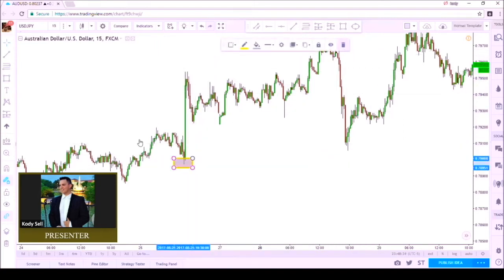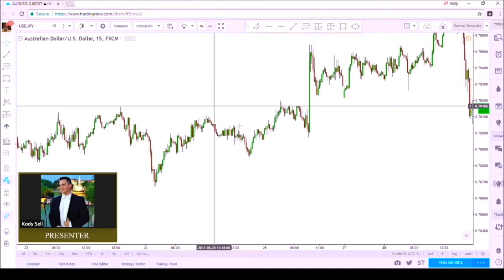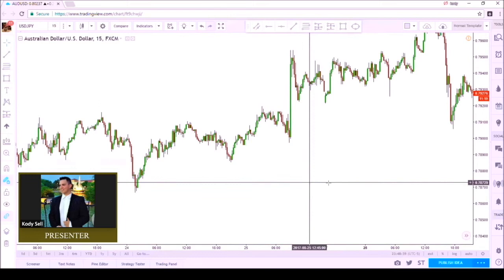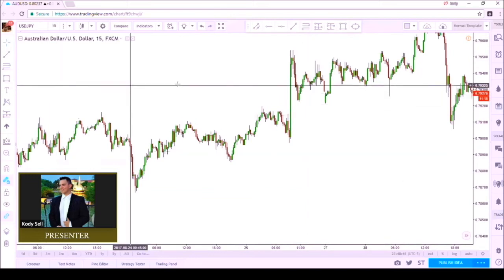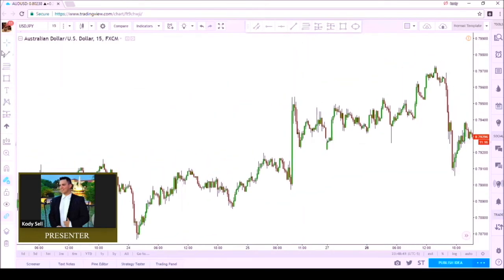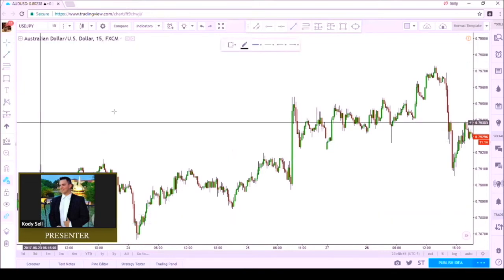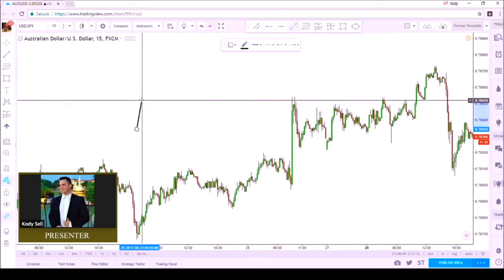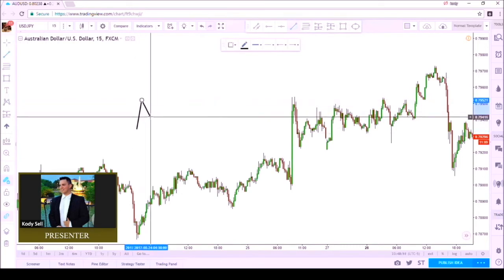Essentially, the way you're going to be using Fibonacci in your trading is you're going to be using it for swings. So you guys are going to need to think about structure here. Just a quick recap on structure: if we are in an uptrend, we come up, we retrace.